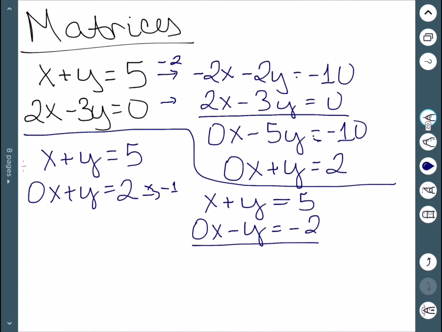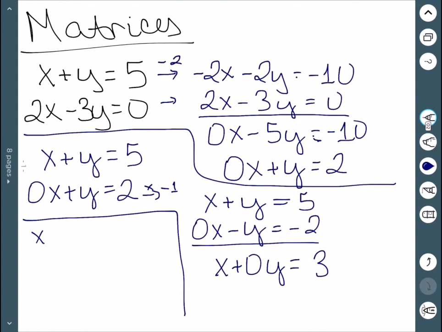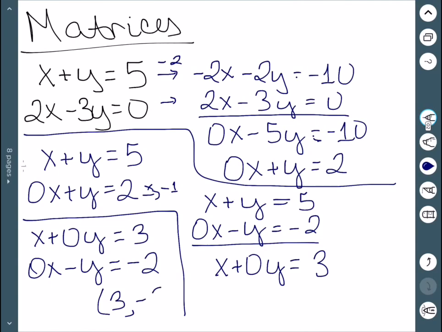And when I add them, I get x plus 0y is equal to 3. So now my new system is x plus 0y equals 3, and 0x minus y equals -2. So I have my solution as (3, -2).